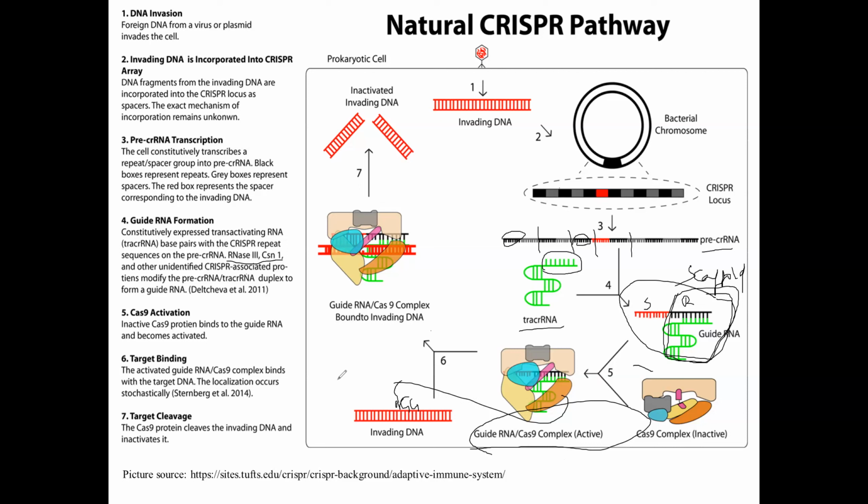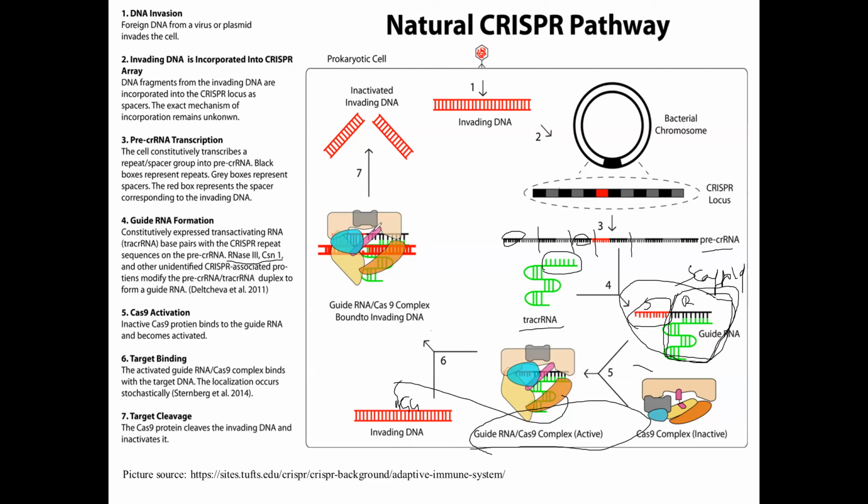This spacer region we call the target complementary region of the guide RNA. Once it anneals with one of the strands of the target DNA, we call the target DNA region that anneals the protospacer region, because the spacer region is binding with the protospacer region of the target DNA.